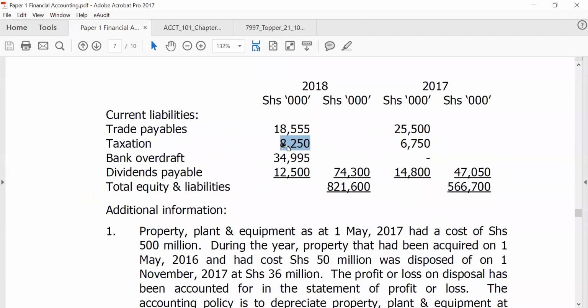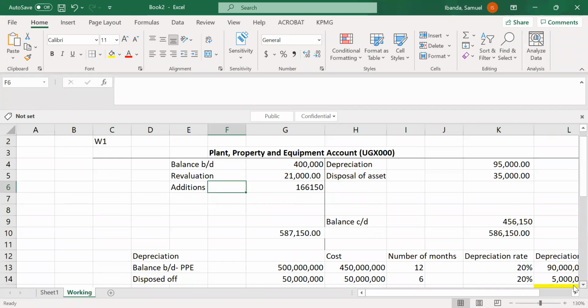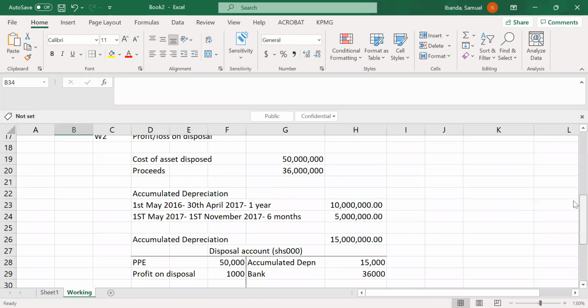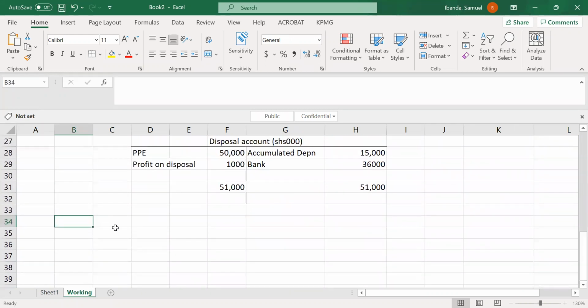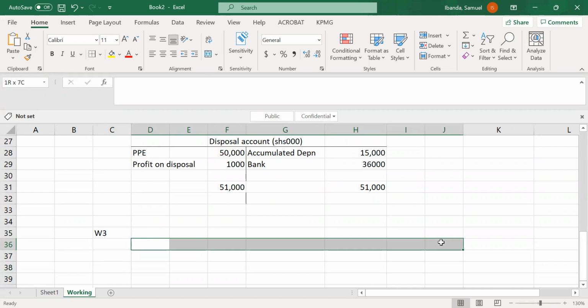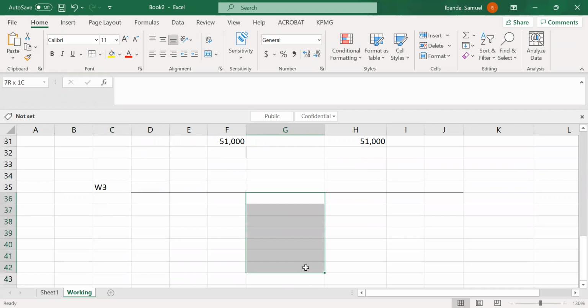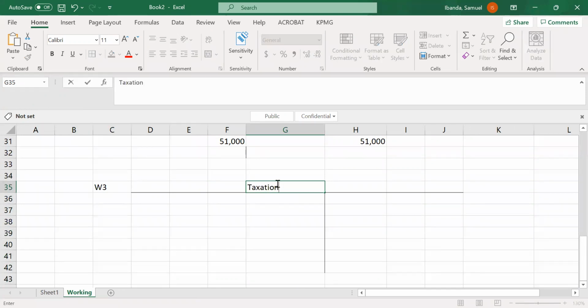Now what we do here, I want again to borrow the idea of a T account. Let me call this my working 3, a taxation account.